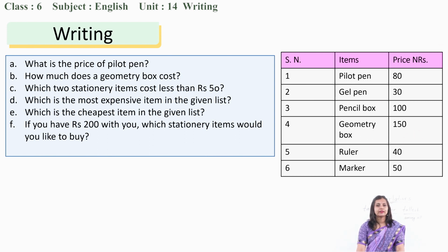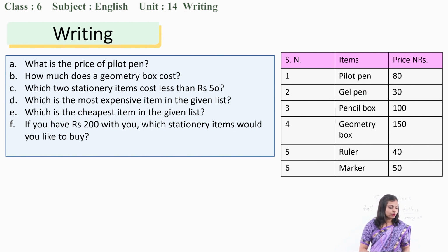Which one will you buy? Okay, geometry box and okay, ruler. All right. Yes, you can buy pencil box and ruler, marker you can buy. You should not exceed 200. You should find out the two items which can be bought in just 200 rupees.